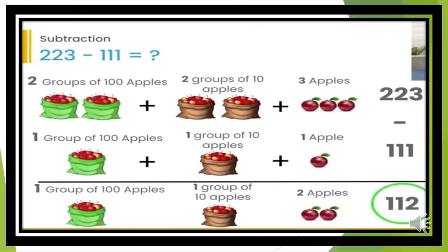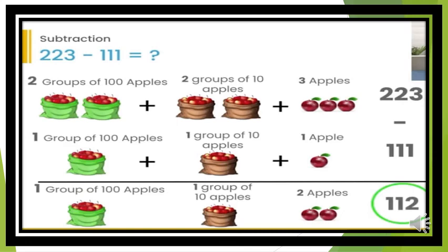For 223 minus 111: 2 groups of 100 apples plus 2 groups of 10 apples plus 3 apples is equal to 223, and 1 group of 100 apples plus 1 group of 10 apples plus 1 single apple is equal to 111. Removing them leaves 1 group of 100 apples, 1 group of 10 apples and 2 single apples, equal to 112.